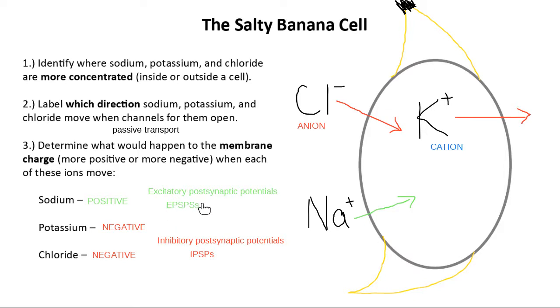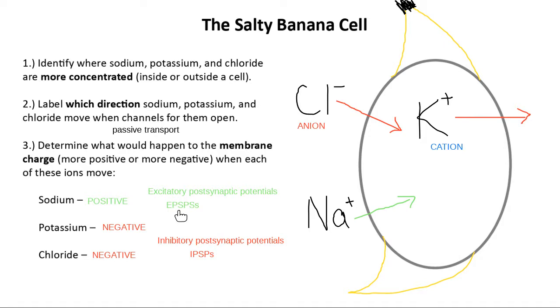EPSPs mean my listening cell, the postsynaptic cell, changes its membrane charge in a way that's excitatory, in a way that makes it more positive. So if I'm a neurotransmitter and I attach to a channel that lets sodium come inside, that's going to generate an EPSP. My neuron gets excited.